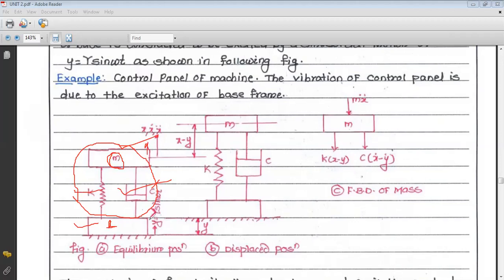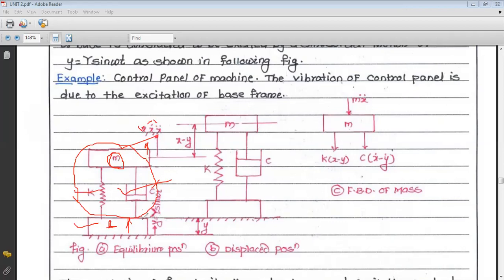So if we have excited your base, then the machine will vibrate in the same direction. Your displacement, velocity and acceleration, that is x, x dot velocity and x double dot acceleration, are all in the vertically upward direction.